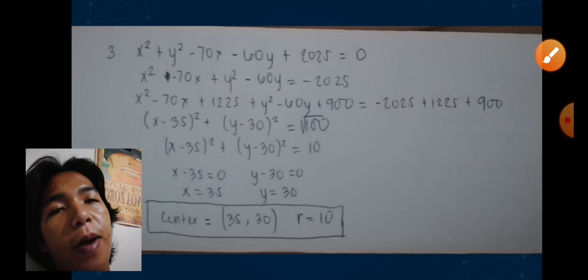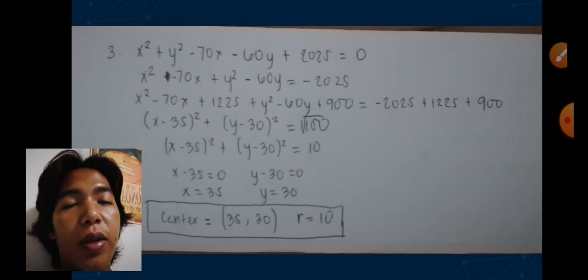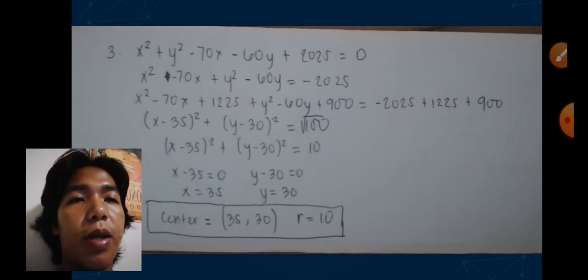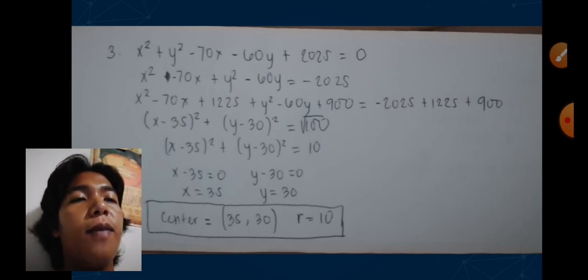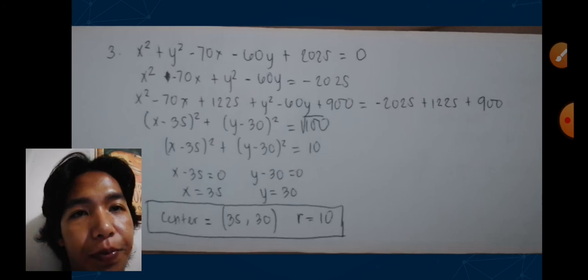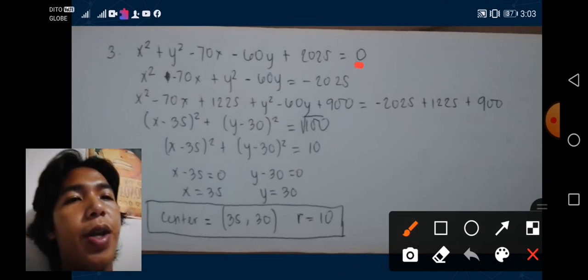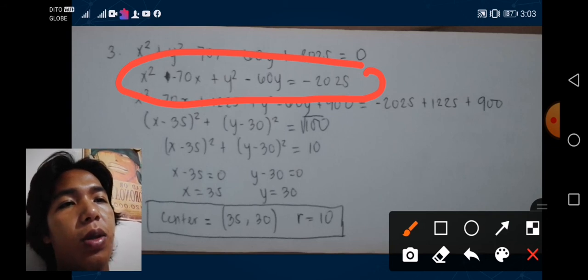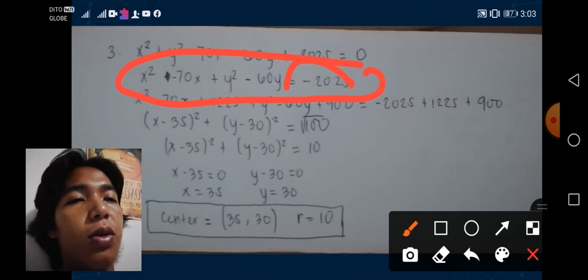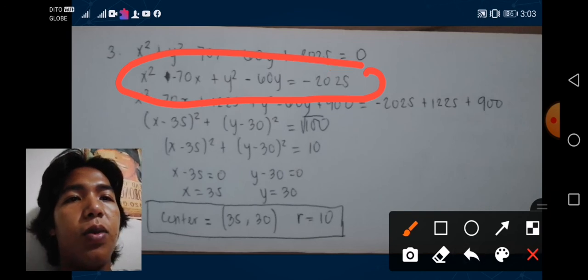So in the next problem, the last problem that Roberto gave, x squared plus y squared minus 70x minus 60y plus 2025 equals 0. First step, we arrange the equation. 2025, we will transpose it to the right hand side. So it will become like this.